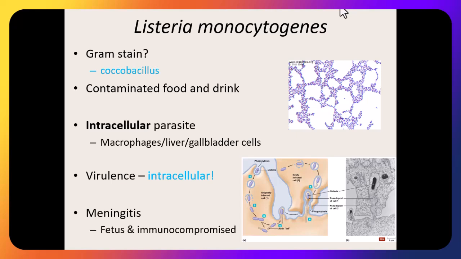Generally, developing fetuses are at the highest risk. This is one of the few bacteria that can cross the placental barrier. If mom picks it up by eating something or drinking something with this bacteria, it can cross the placental barrier. It can affect a developing fetus, causing stillbirth. It's not good.